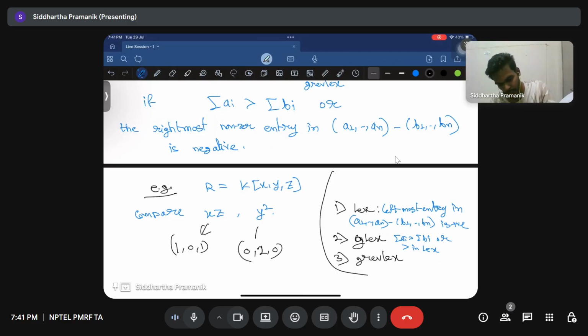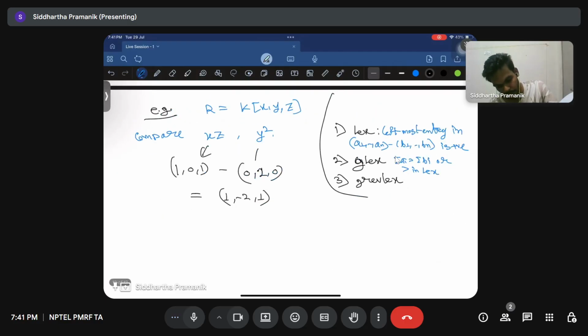You can see the total degree is the same, but for lex we need to see the leftmost entry, so you need to check the difference. So this is 1, minus 2, 1. The leftmost entry is positive, so in lex it is bigger.